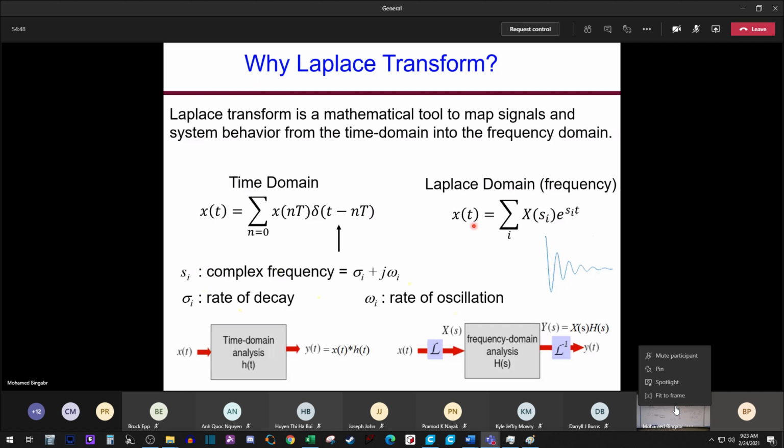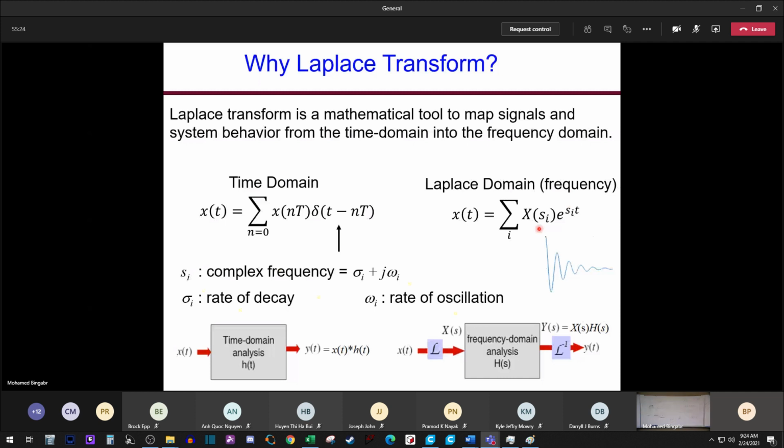Now, what does the system you design or the filter you design do? This will be the input, x of t. And your system is going to be manipulating these components, either improving, increasing the value, or decreasing. For example, if I want s1, minus 3 plus J4, to be enhanced, then the system will make this louder or larger.